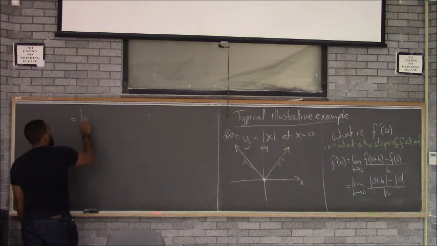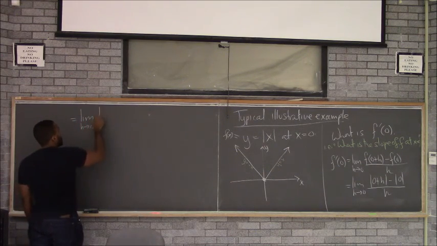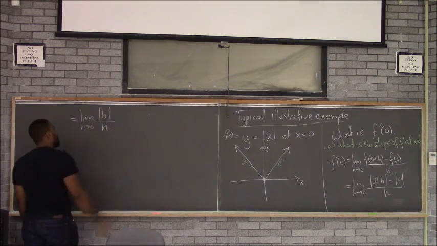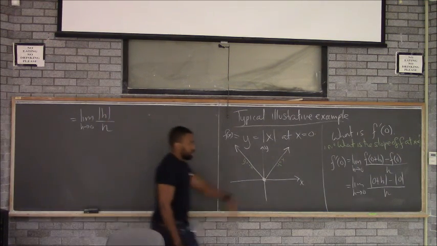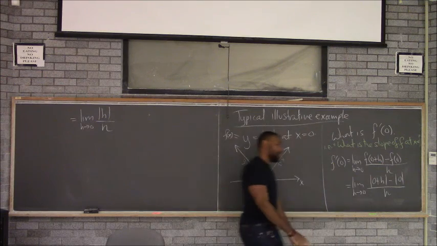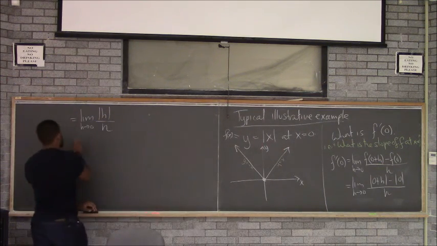This is going to be, of course, the limit as h approaches 0 of the absolute value of h over h, because the absolute value of 0 is 0, and 0 plus h is just h. And what is this limit?